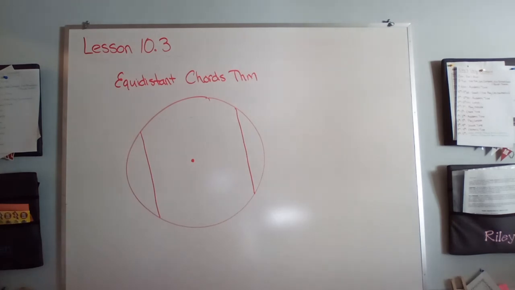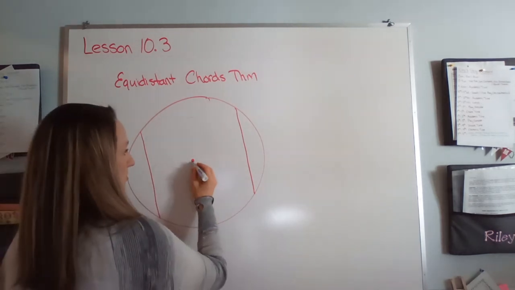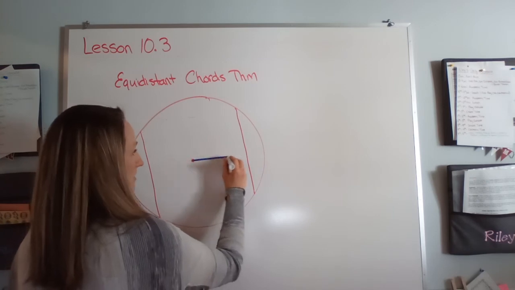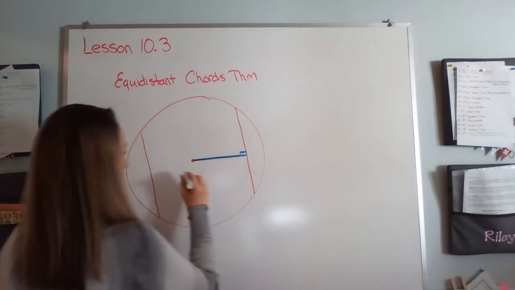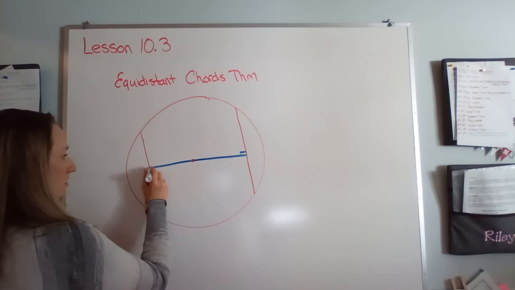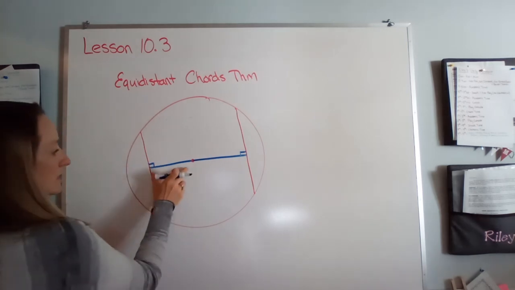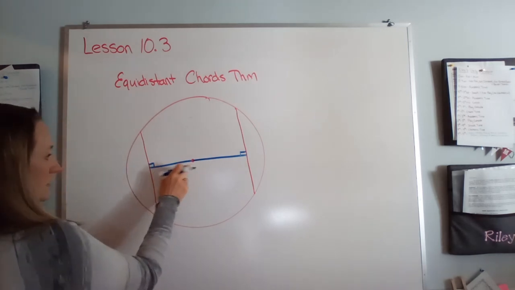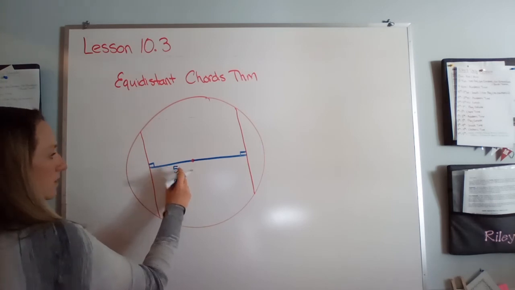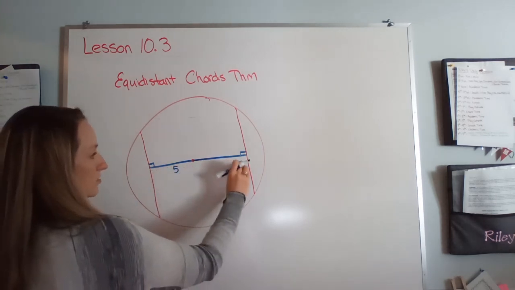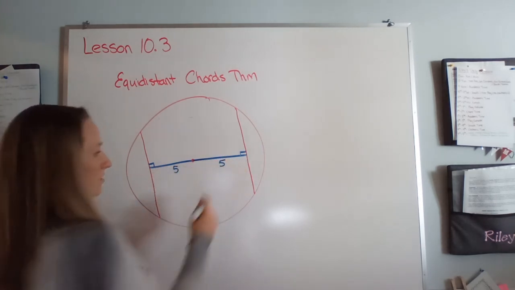Let's say we measure from the center to that chord, and we'd always use a perpendicular straight line. Let's say this distance from the center to the chord is 5 units long, and this distance from the center to the chord is also 5 units long.